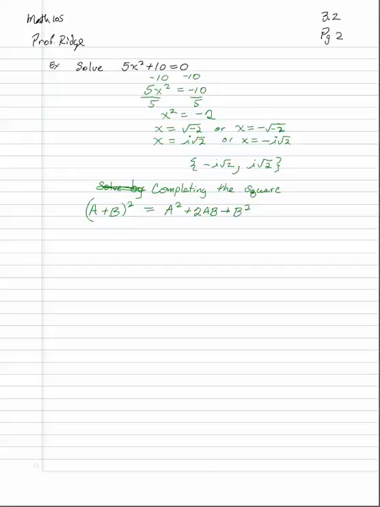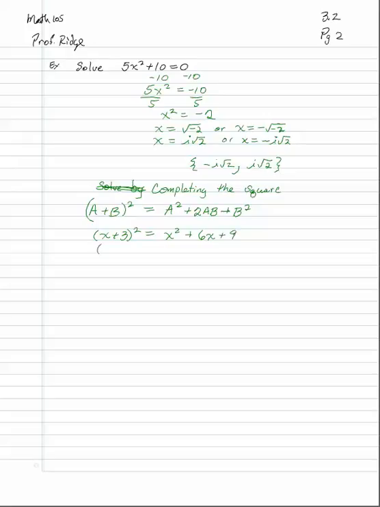Okay, and then if the middle term's minus, then it's minus 2ab. Alright, so if I wanted you to do x plus 3 squared, you're going to do x squared plus 2 times x times 3, which is 6x, plus 3 squared, which is 9.